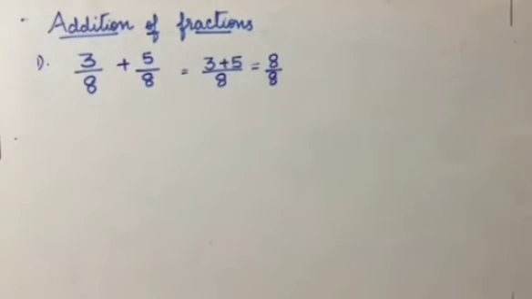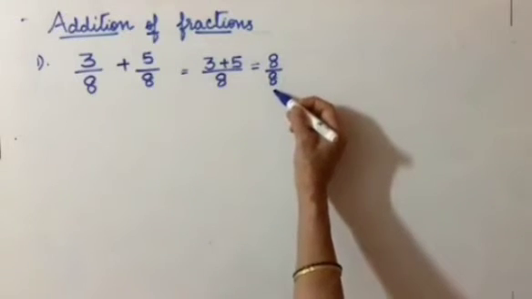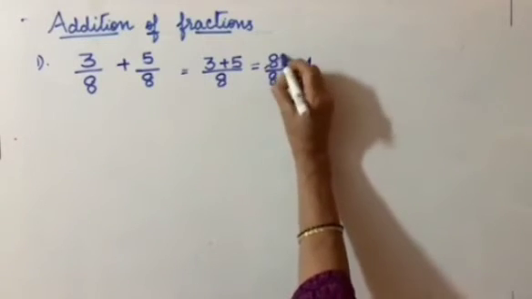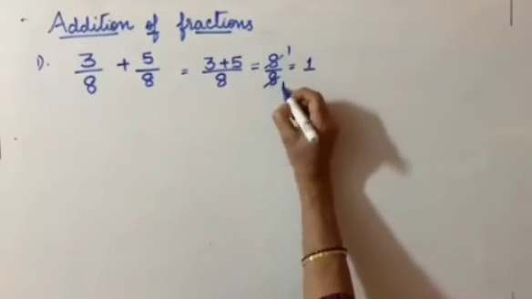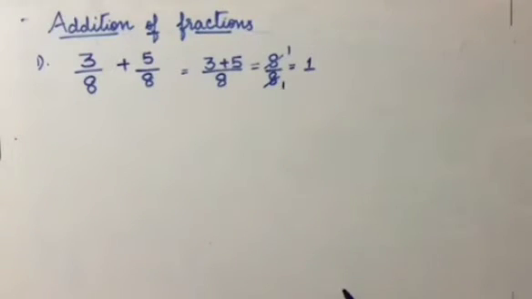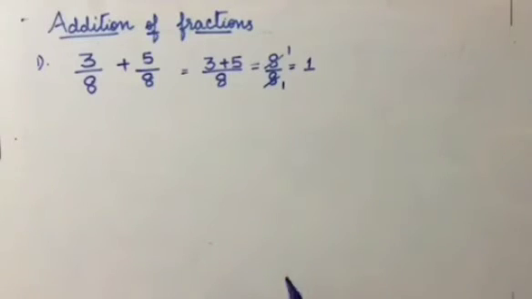But we can simplify, is it not? 8 divided by 8 is nothing but 1. How? 8 ones are 8, 8 ones are 8. The answer is 1 divided by 1, but anything divided by 1 is the number itself. The answer is 1. Make a note.